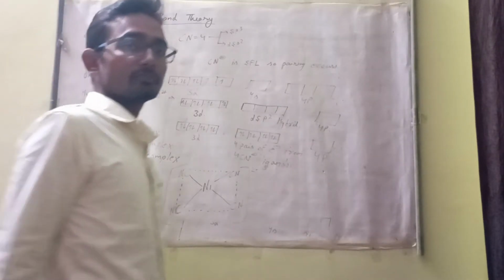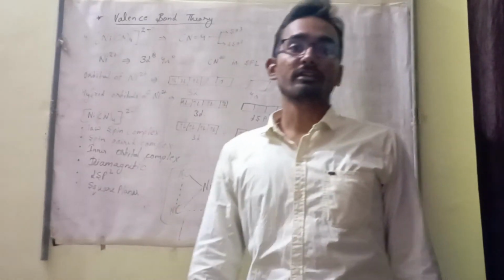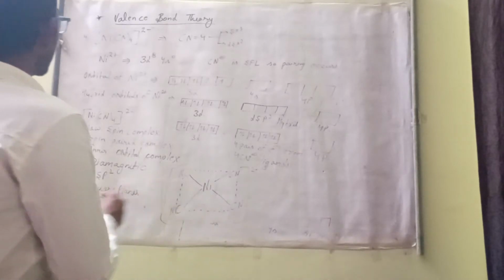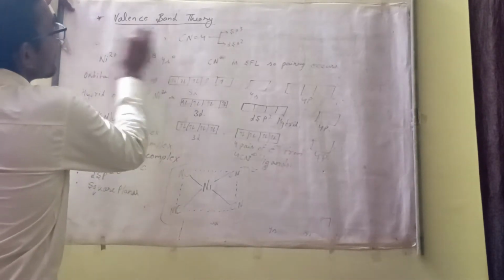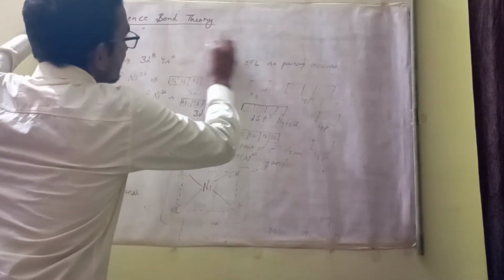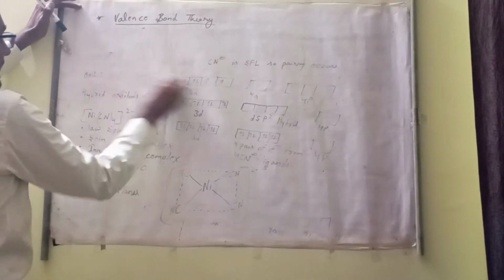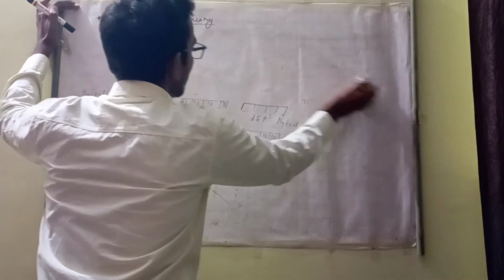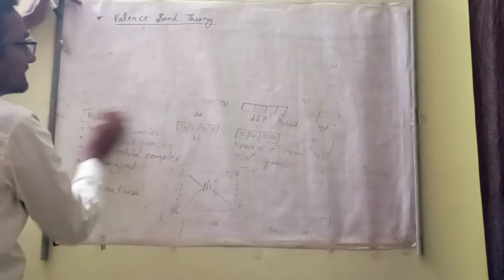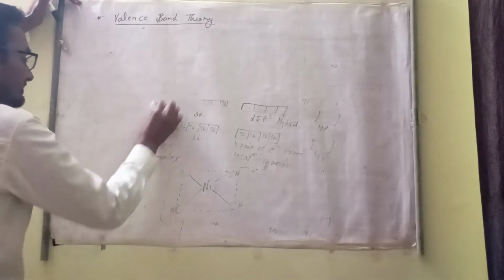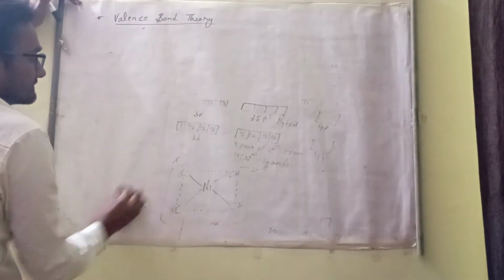Okay, now we are going to move to coordination number 6, where octahedral complexes are formed. If it is an octahedral complex, that means coordination number is 6, then hybridization is d2sp3 or sp3d2. There are two types of hybridization in octahedral complexes.